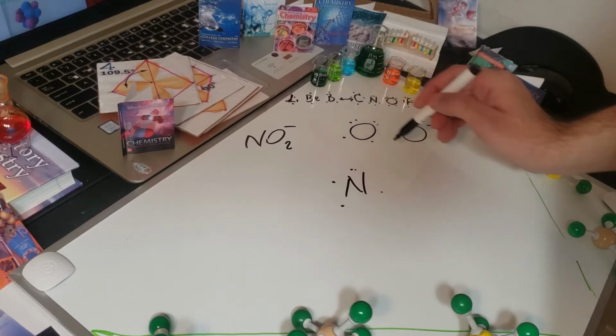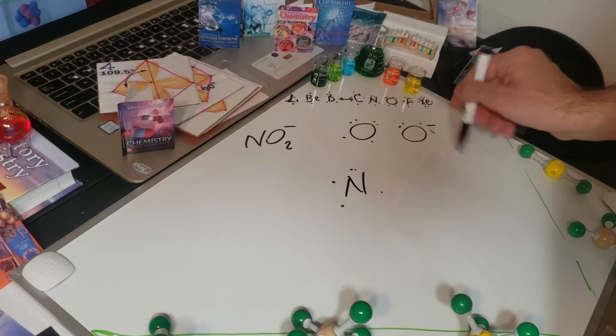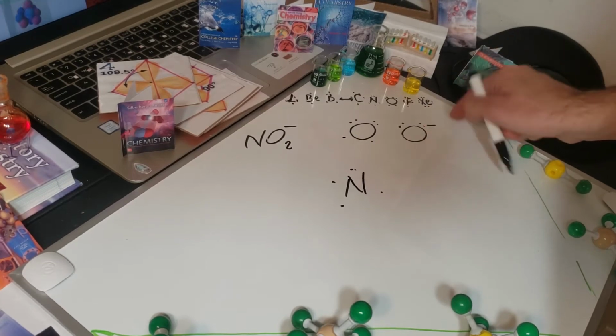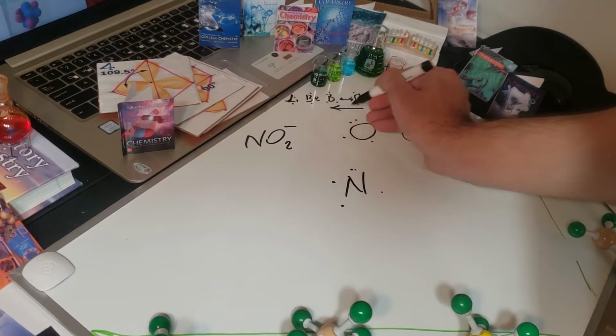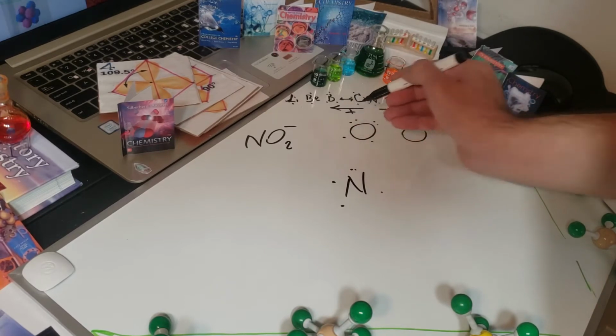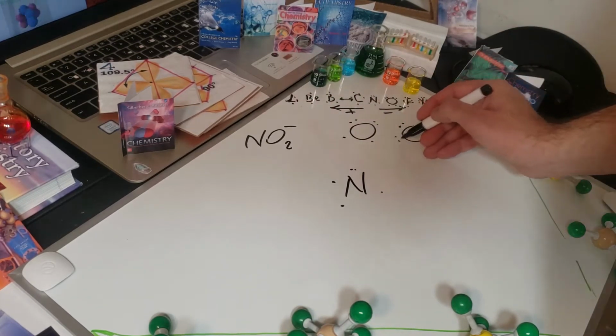Oxygen is group 6, so this is like this, and the negative oxygen must have the configuration of a fluorine. Again, if you have negative charge, you move toward more lone electrons, and if you have positive charge, you move back towards fewer lone electrons. That's the structure for negative oxygen.